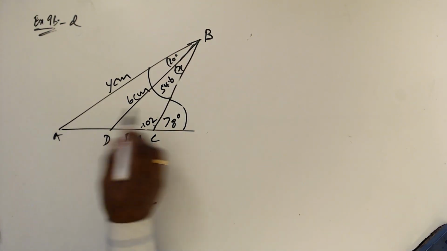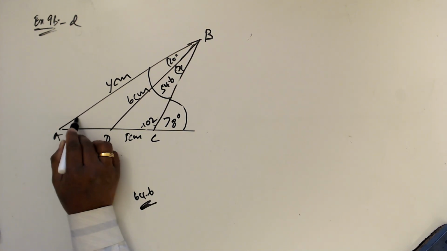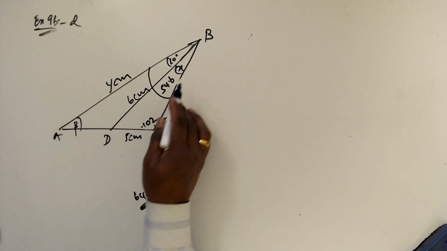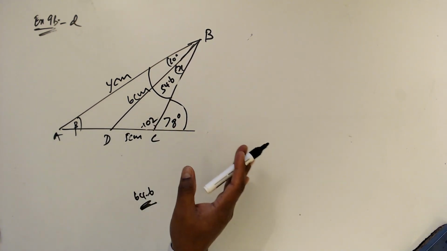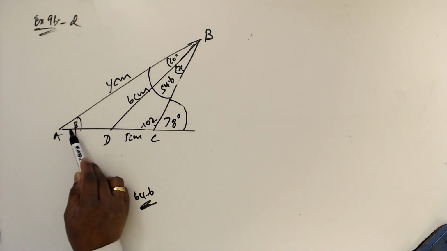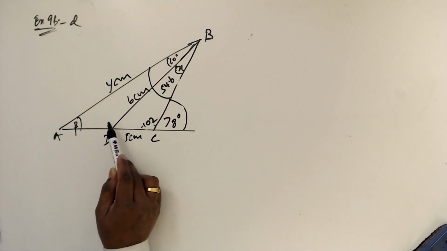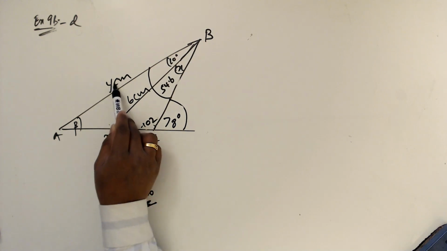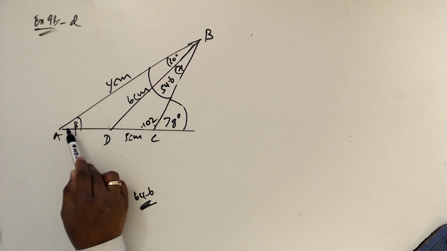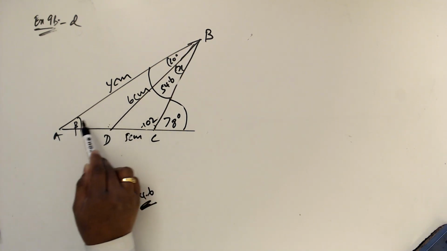Now, if I consider this is beta, I can find beta. So my plan is now like this. I can find this one, then I can find this angle, then y over sine this one equals 6 over this one.